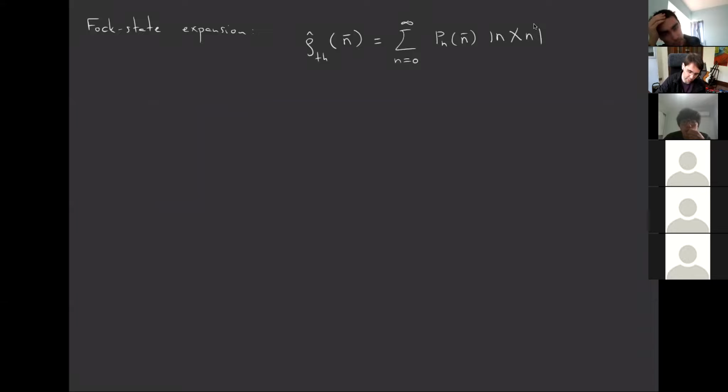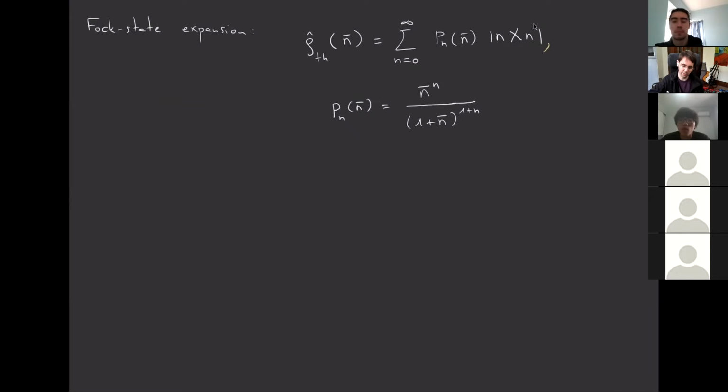In particular, you can write the probability Pn of having n quanta, for a given average excitation number n bar, in this easy to remember form, in which you just divide n bar to the n by 1 plus n bar to the 1 plus n. So it's a very simple expression.